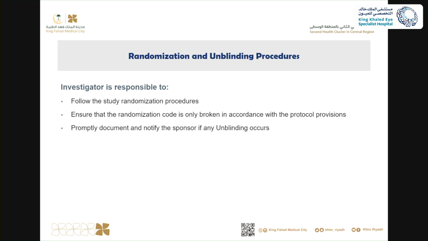It's your responsibility to make sure that all levels of blinding are maintained, and it's only broken whenever needed in an emergency situation. And don't forget the documentation. Documentation is the only proof of how you maintain a good conduct of your research.